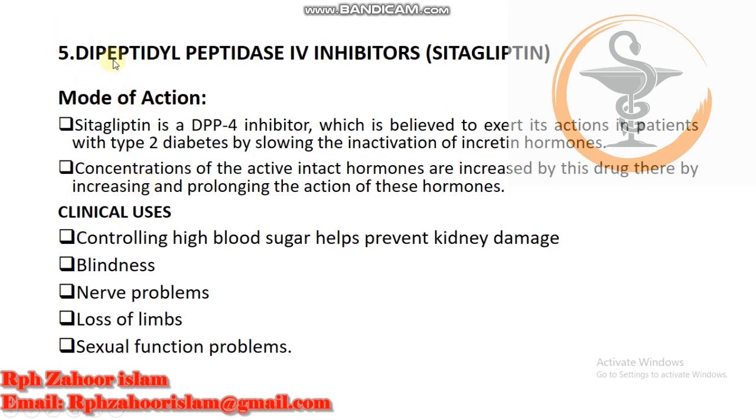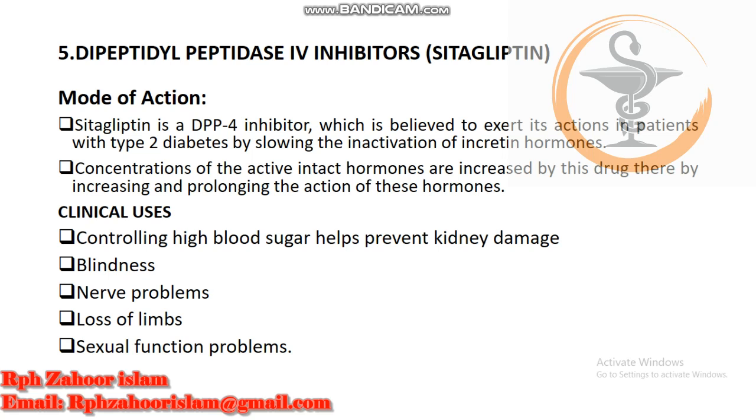Now come toward the fifth drug, that is called sitagliptin. Sitagliptin belongs to the dipeptidyl peptidase 4 inhibitors. This is a drug which is also used in the treatment of diabetes mellitus.